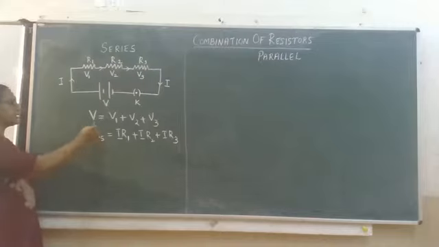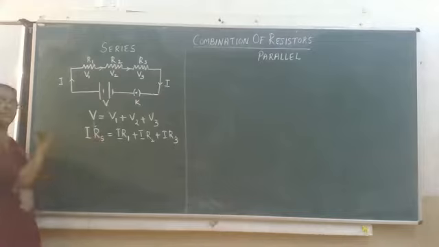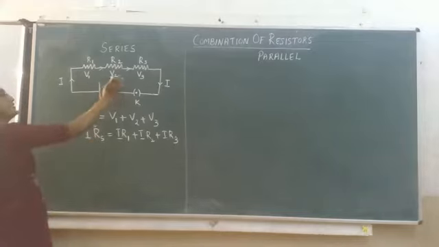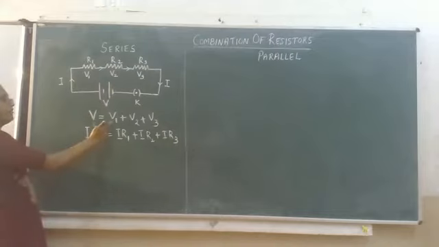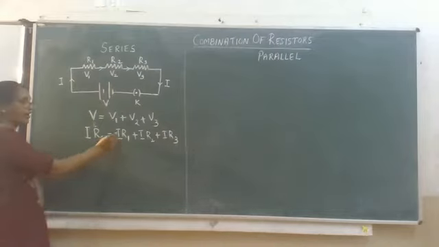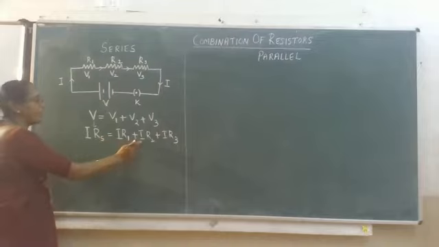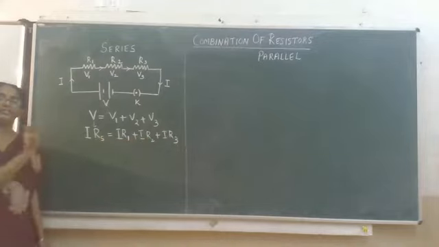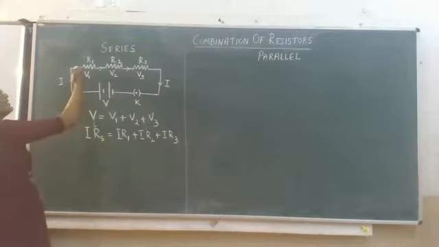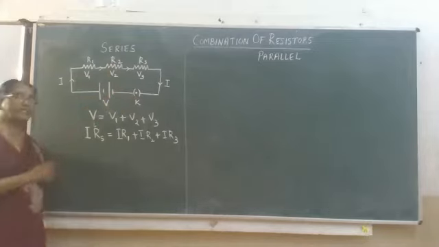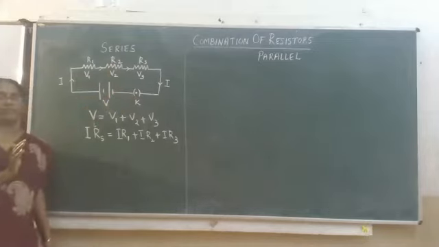I just mentioned total resistance of the combination as R series, or you can say it as R effective when three resistors are connected in series. V1 is I into R1 and V2 is I into R2. V3 is I into R3. Why is I same? Because this is a series combination, current through each resistor remains same.